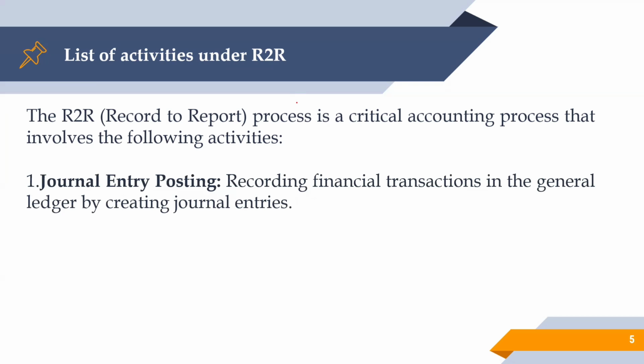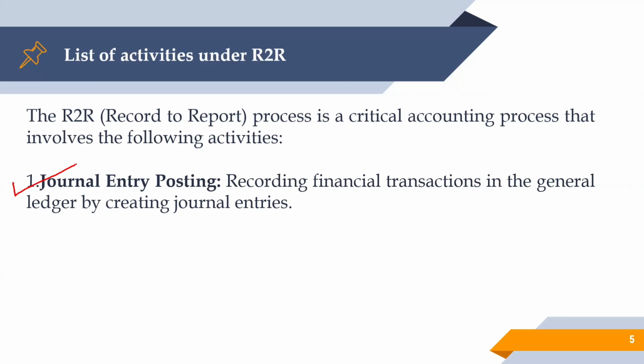This is the first activity in R2R: recording financial transactions in the general ledger by creating journal entries. So it means record to report. R2R is responsible to ensure all the transactions have been recorded in the system. That's the record.